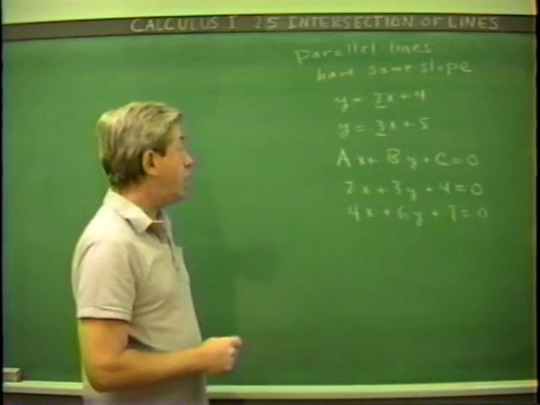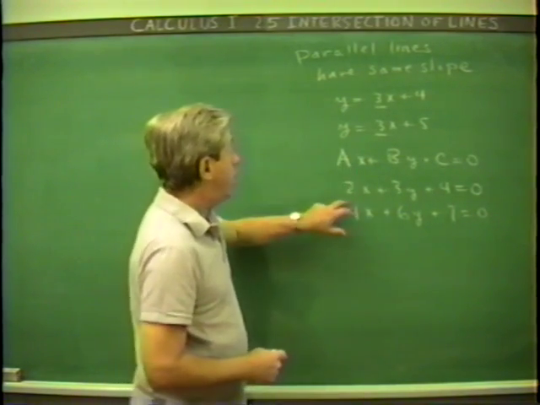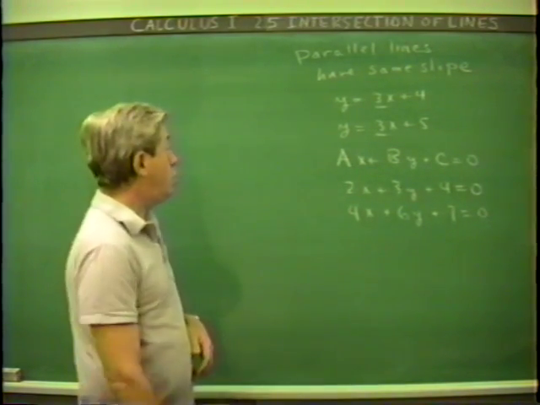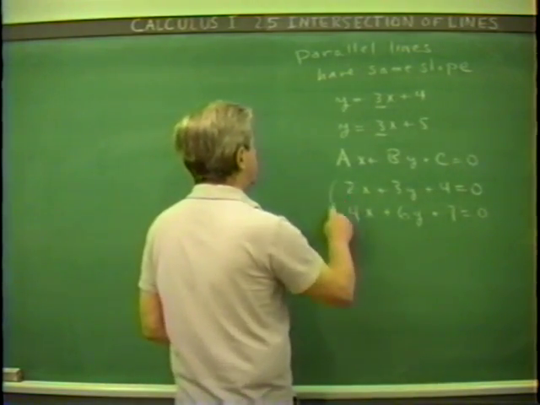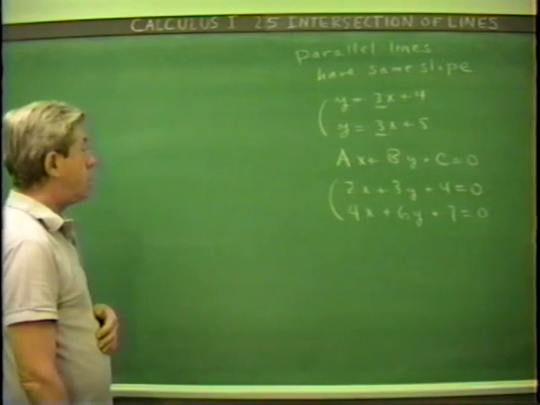And so in this case, you could recognize from the shape of these two equations that these are two lines which are parallel. These are parallel, and those are parallel.